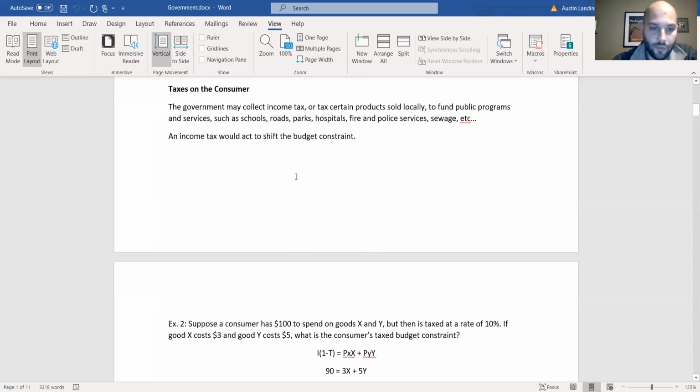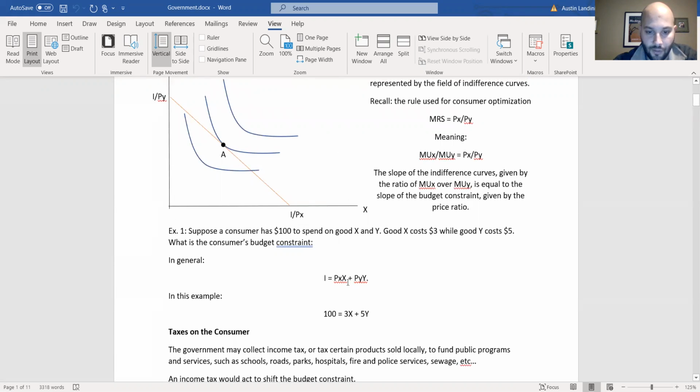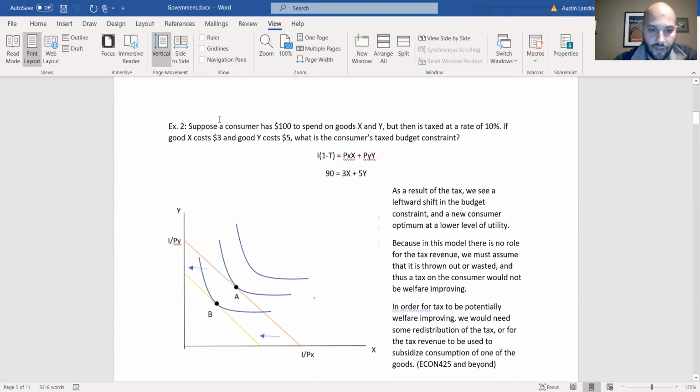An income tax would just act to shift the budget constraint, right? Because we've got some sort of certain income, and then we spend it on X or Y at these given prices. So in this example, suppose a consumer has $100 to spend on X and Y and is taxed at the rate of 10%. If X costs $3 and Y costs $5, what is the taxed budget constraint?